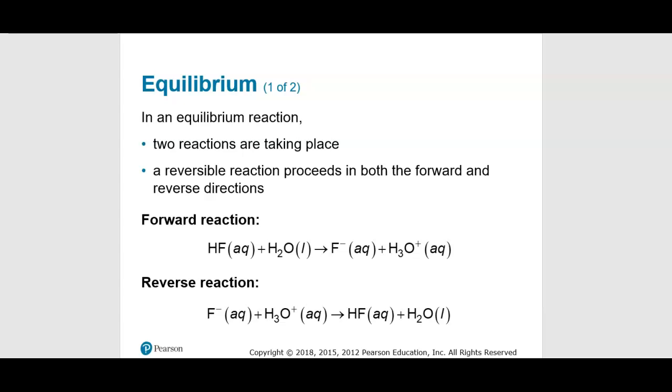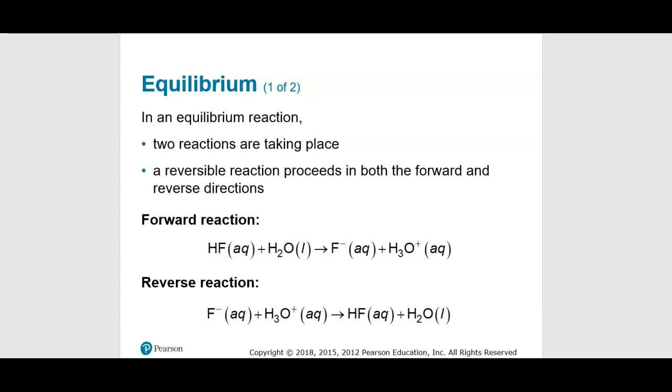They're going on at rates such that, if you put a given amount of hydrogen fluoride in a given amount of water, at constant temperature and pressure there will be a fixed amount of hydrogen fluoride and fluoride, and of course, hydronium ion. That doesn't mean that the reaction is not going on.